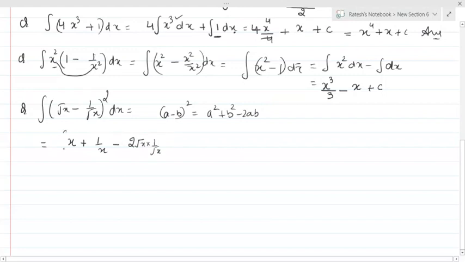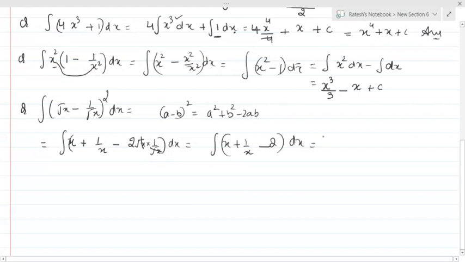Fine. And here is obviously the integration and the bracket into dx, which equals x plus 1 by x minus, you have root x cancelled with this root x and you will get 2 only. Okay, and here is dx.